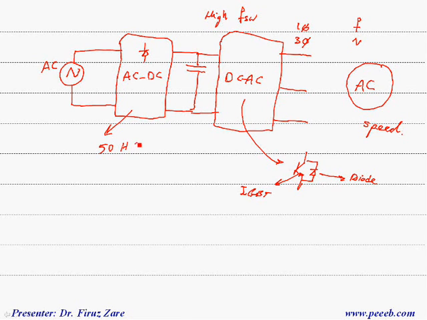So this is the power converter for an AC drive system, and in most applications we don't need a filter. That means we can directly connect it to either a single phase or three phase machine. But for some applications, especially if there is a long cable which may resonate and create over voltage, we may need to have a filter between the drive and the AC machine.